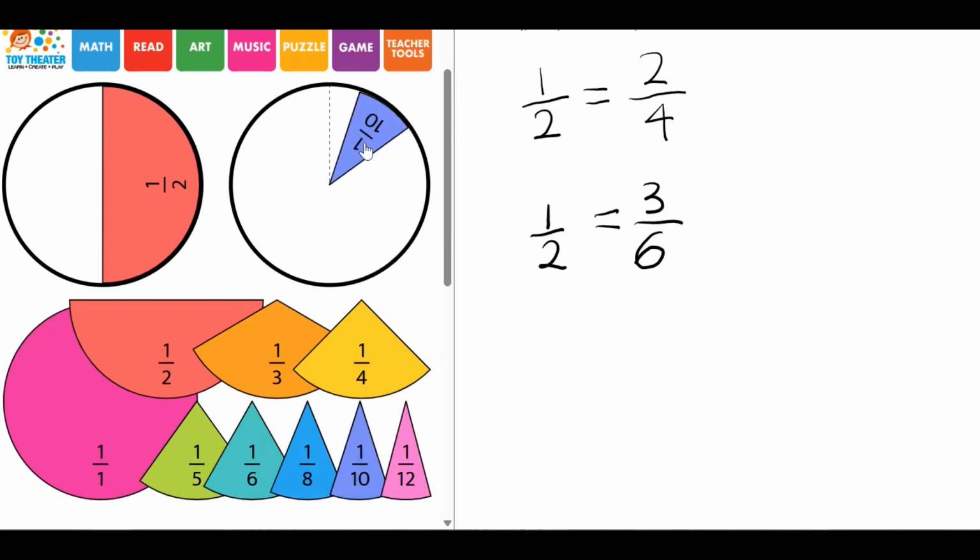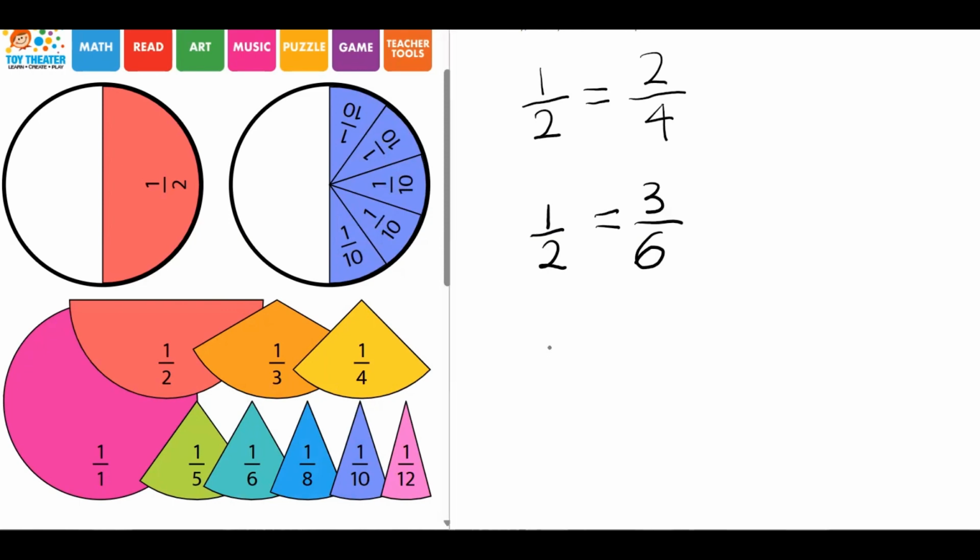Okay, so let me put. If you can see, they are the same size, and there are 1, 2, 3, 4, 5 pieces. So I can say half is equivalent to 5/10.